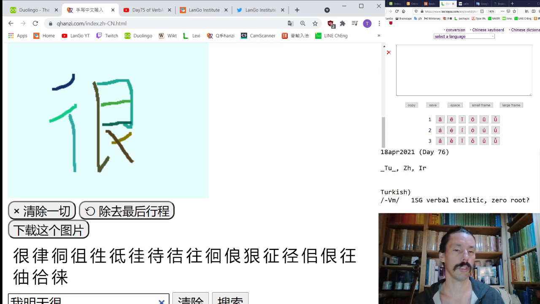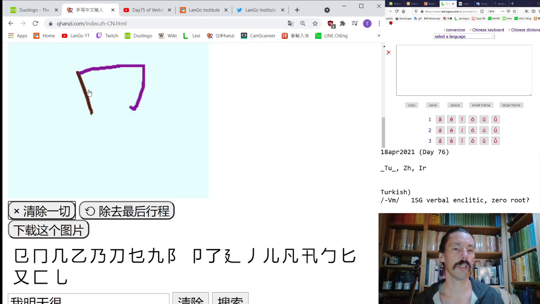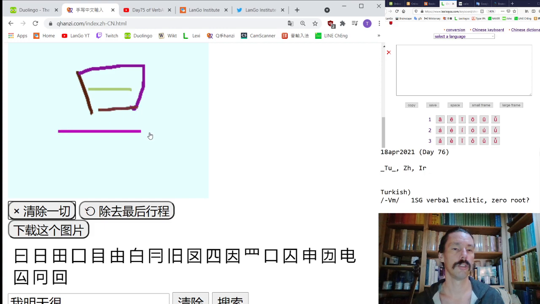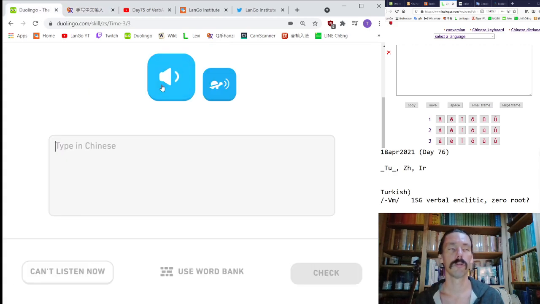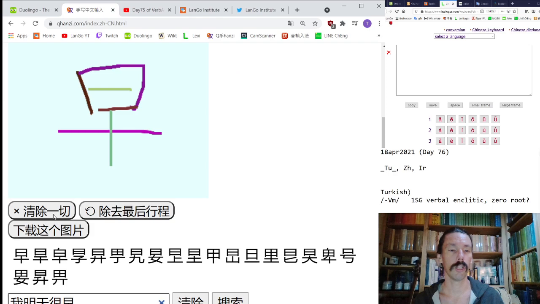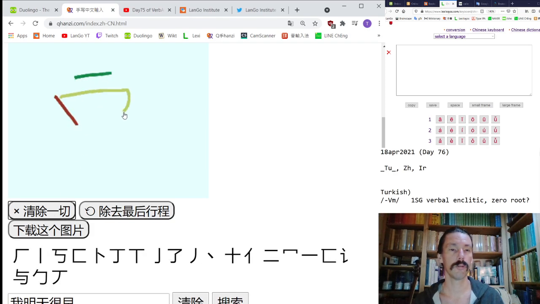很早, the sun on top, A, and the J crossing lines below. 很早上班. 我明天很早要上班。 要上班. So 要, the helping verb, will, intend to, and so on.